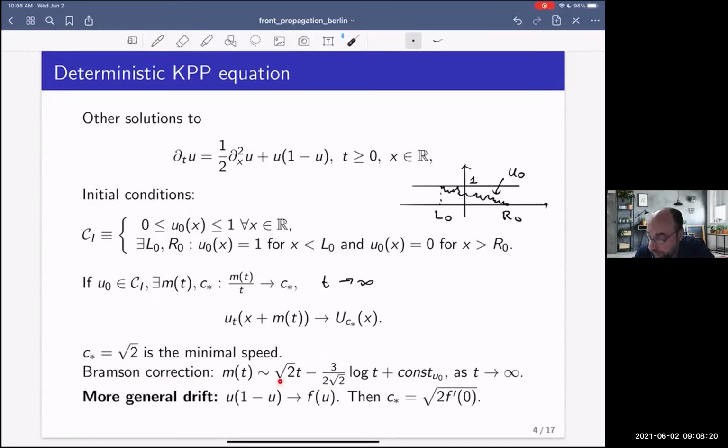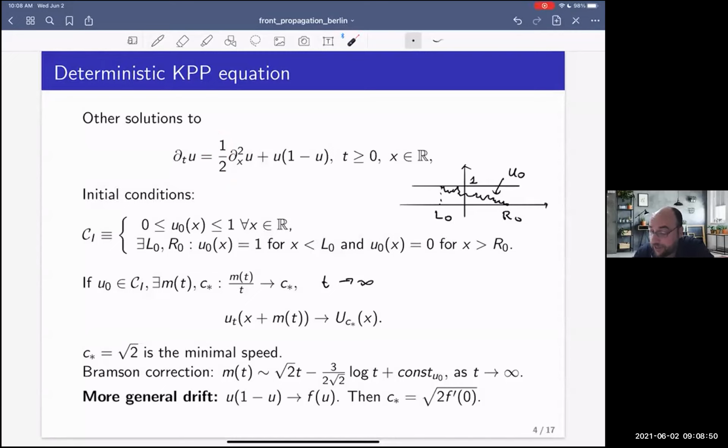So this should be here, and there also should be a constant which depends on the initial condition. This constant is not universal; it depends on the exact form of the initial condition. Just one remark. In many cases, people consider this equation without a factor of 1/2 in front of the second derivative.